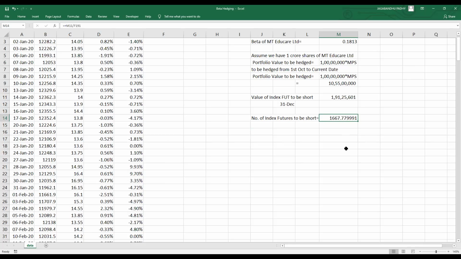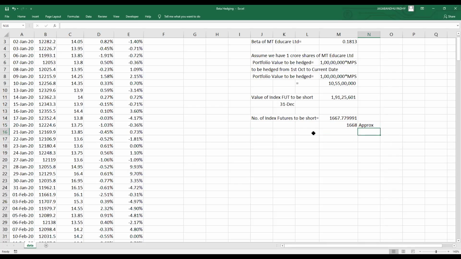Let us assume for the time being that this is going to be equal to 1668 approx.